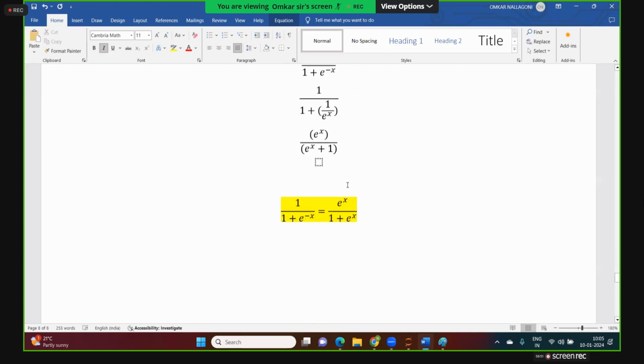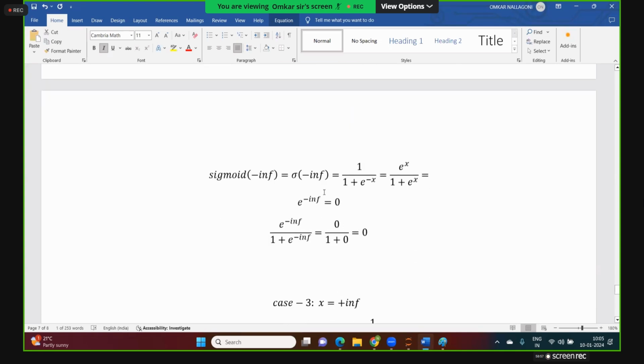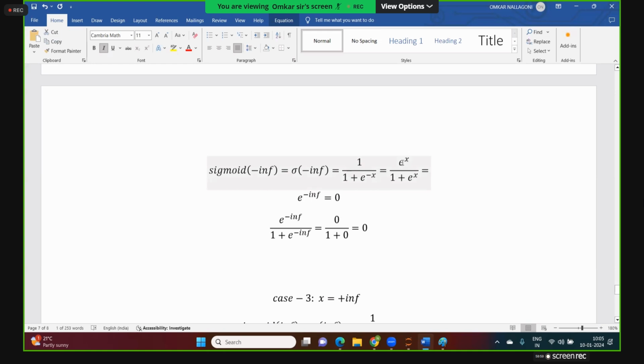Now look once. First of all, you understood this? What is the second one here? Minus infinity. Minus infinity means e power minus infinity by 1 plus e power minus infinity. e power minus infinity is how much? That is 0. That is equal to 0 by 1 plus 0, it is 0. That's why now we modified here.